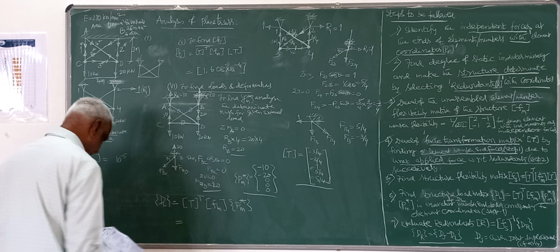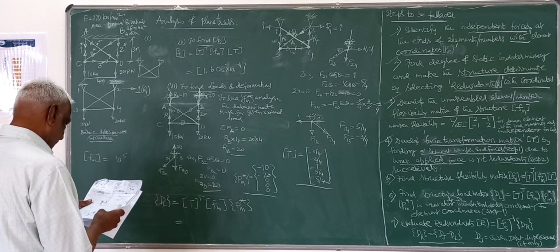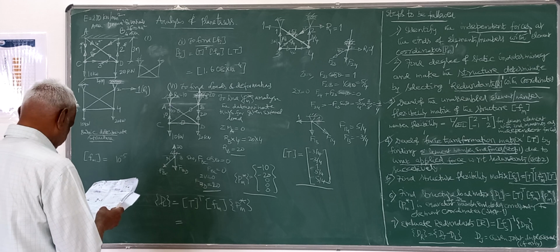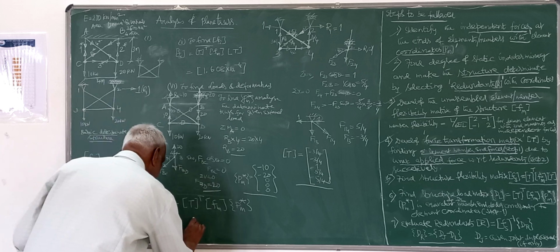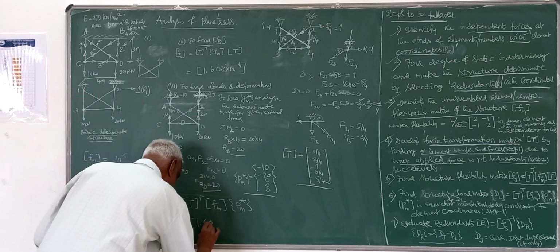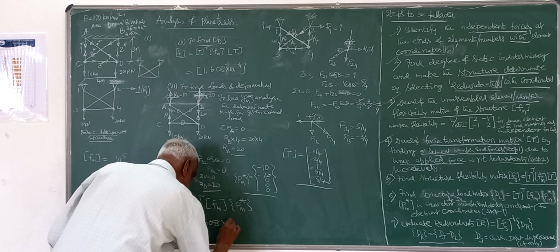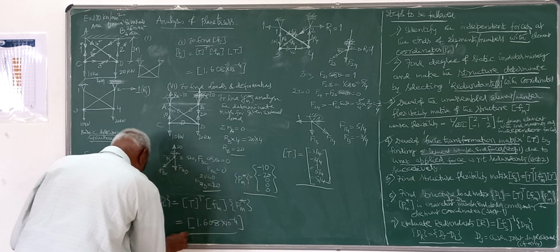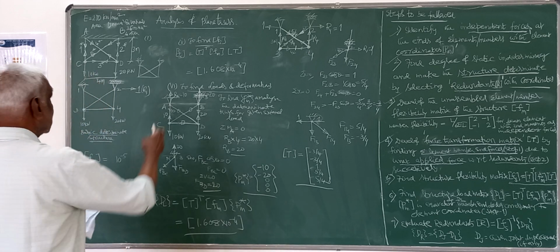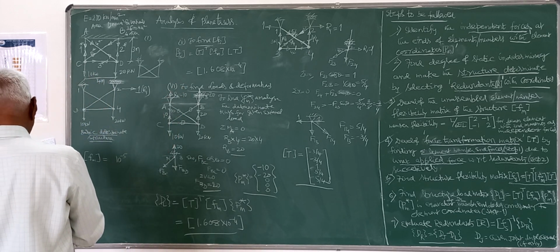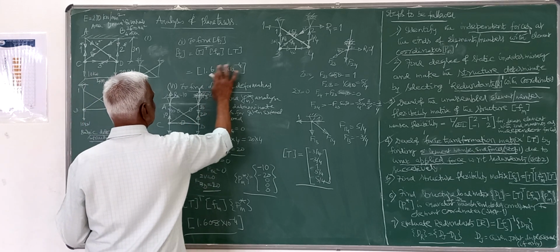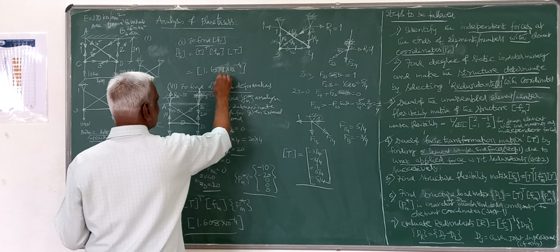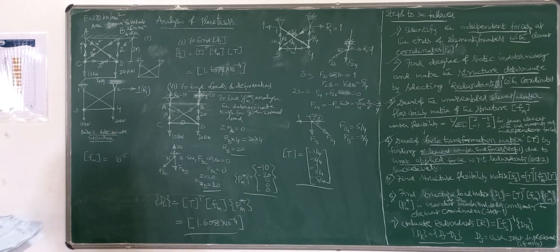This if you evaluate, you will get dl as we have determined, 1.608 into 10 to the power of minus 4.